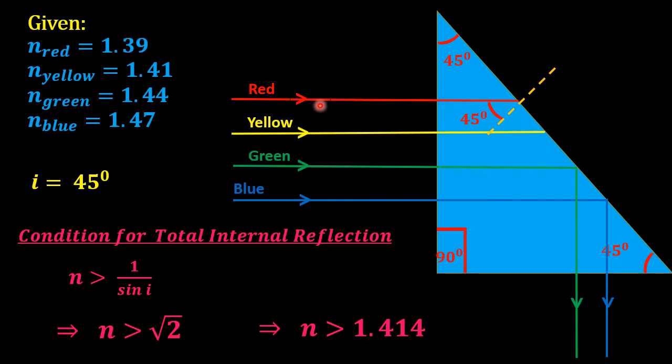Since for the red color and yellow color the refractive index is less than 1.414, they will not suffer total internal reflection. They will undergo refraction and travel in this path. So out of the 4 colors, only blue and green will suffer total internal reflection, and yellow and red will undergo refraction.